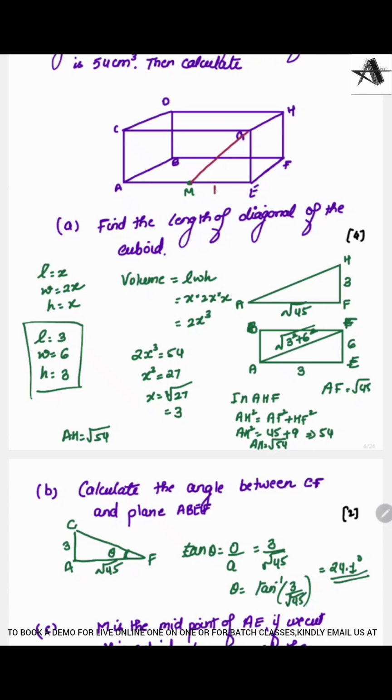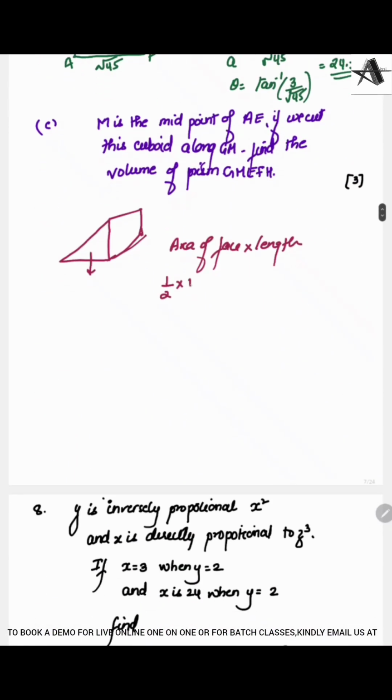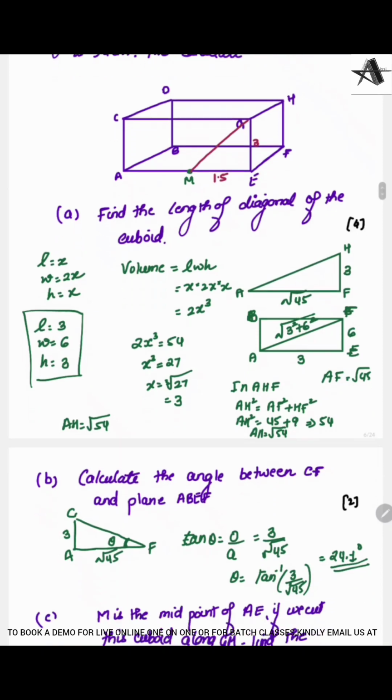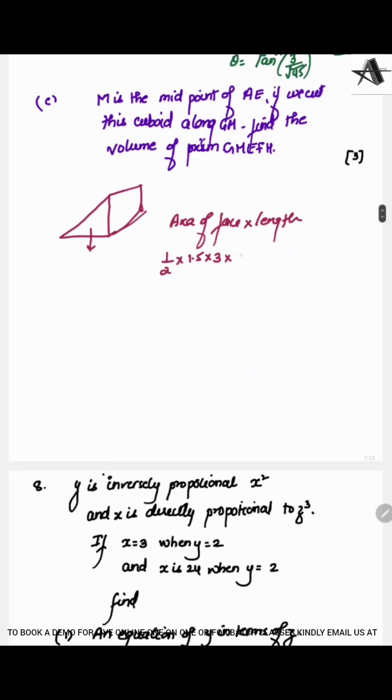So this would be 1.5. Height is 3. So finally, it would be half times 1.5 times 3 times the length. Length means how far it stretches, so ultimately they are talking about the width. The width is 6 centimeters, so times 6. This will give you the volume of this prism.